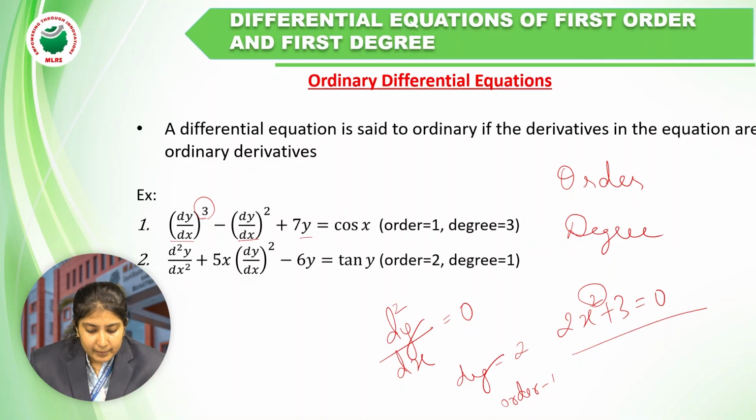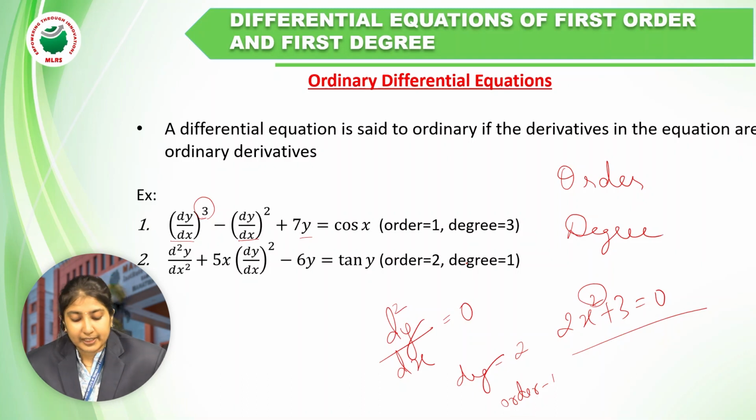So my degree is 1 and the order is 2. I think I have made a mistake. Once again, see through the second example and see whether I have told the degree correctly. I said degree 2, but it is wrong, because the degree is 1. Can anyone try to correct me there?